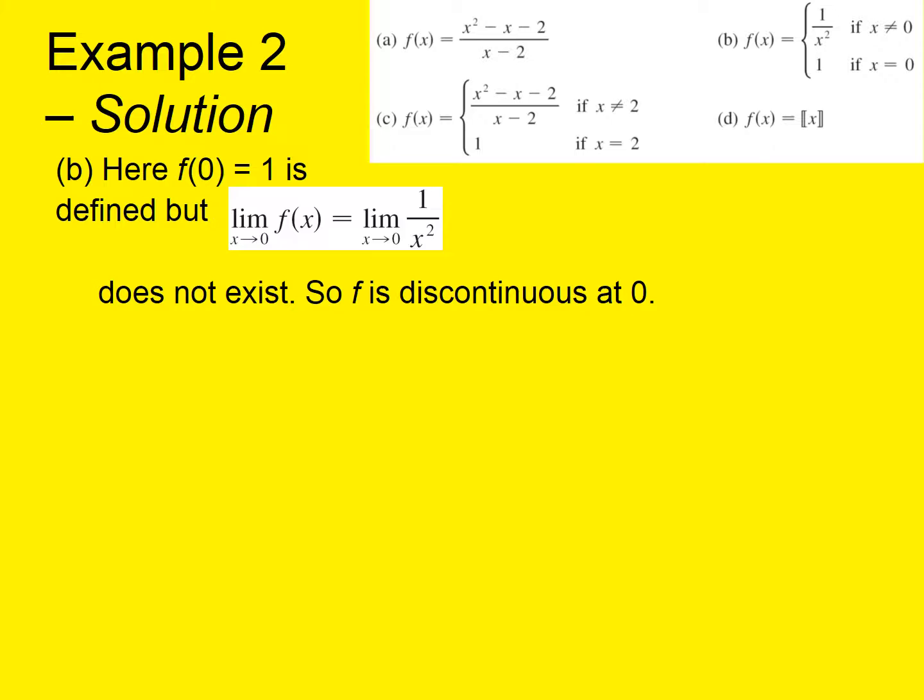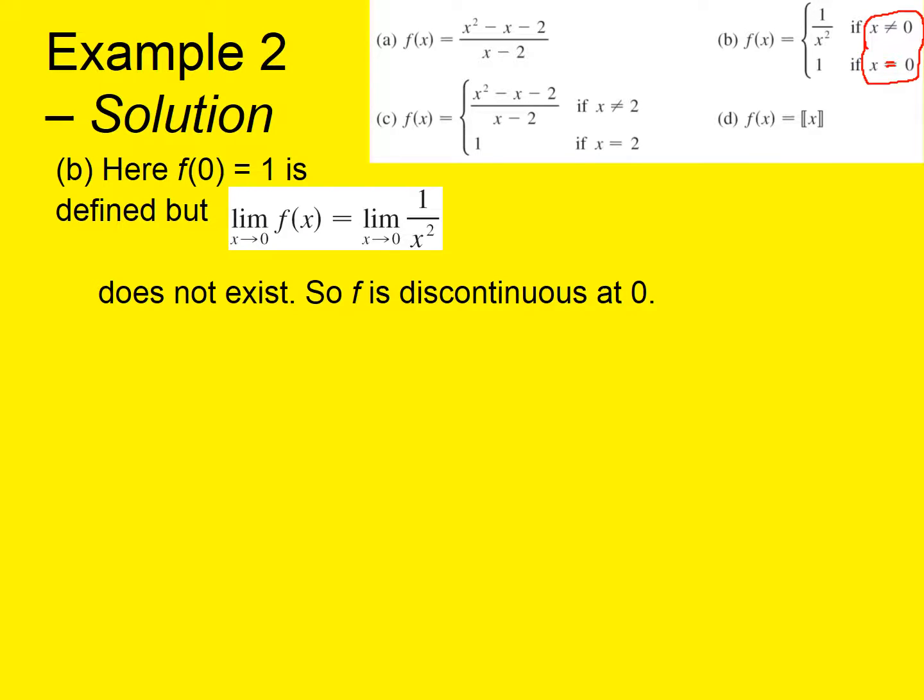B. Well, you look at that and you're thinking, oh, that's a prime candidate for a value of discontinuity. And in fact it is, because f of 0 is defined, okay? When x is 0, f of x is 1. That one's defined.